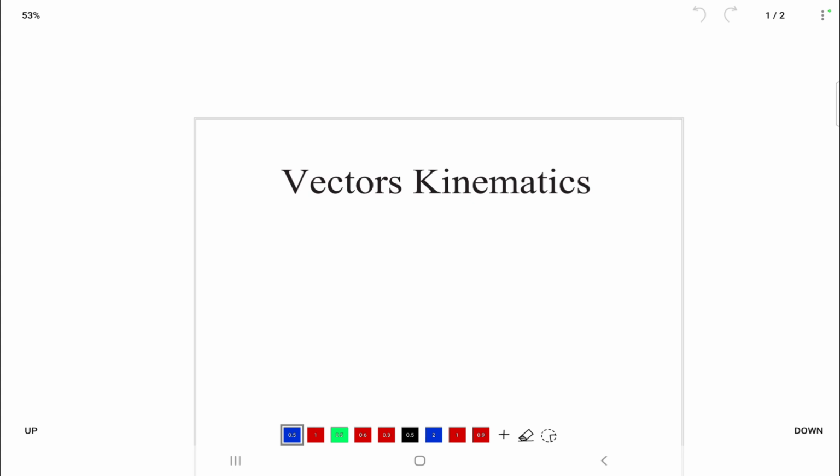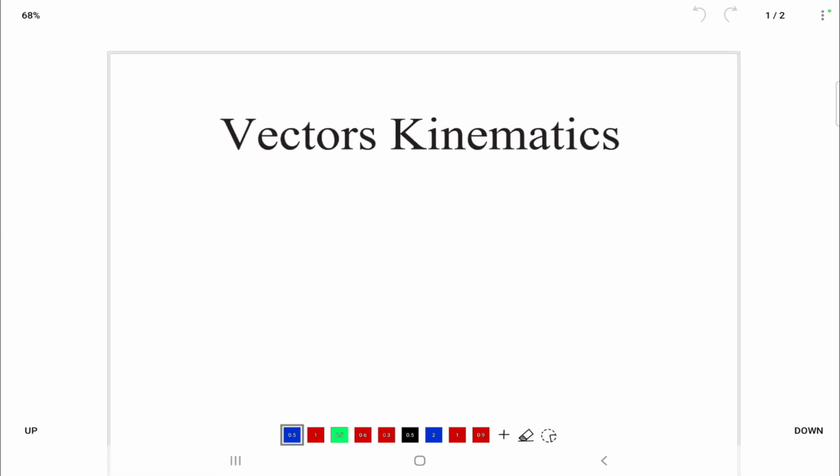Vector kinematics. Last session, we discussed vector kinematics, and we stated these two equations. r is the position vector at any time. It is equal to r naught, the position vector at time equal to 0, plus the velocity vector multiplied by time.